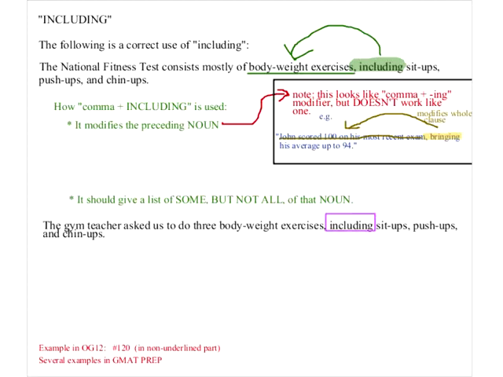So you don't use including unless you're only taking a selection, like only a couple of them. So this is incorrect here since we are listing all 3 of them.